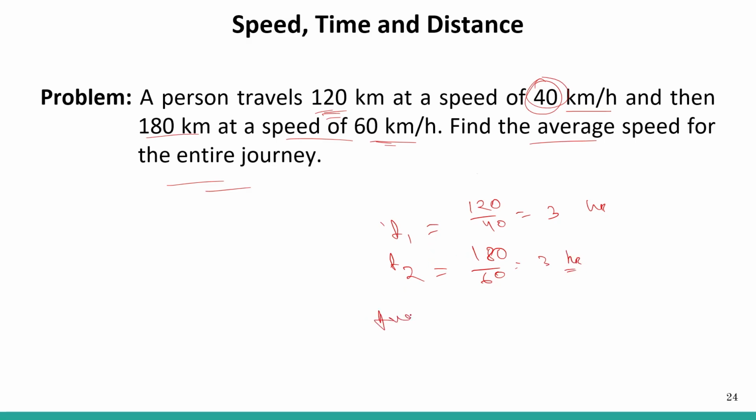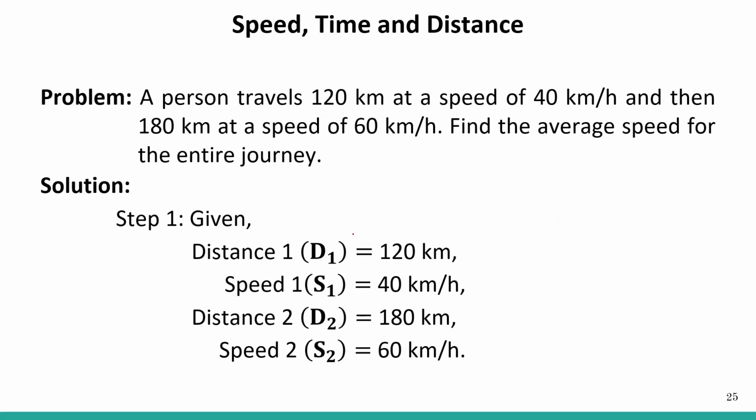Then for average speed, this is equal to distance 1 plus distance 2, 120 plus 180, whole by 3 plus 3, which is 6. So it will be 300 by 6, equal to 50 kilometer per hour, which will be the average speed.